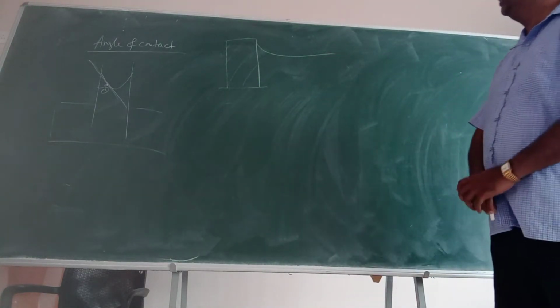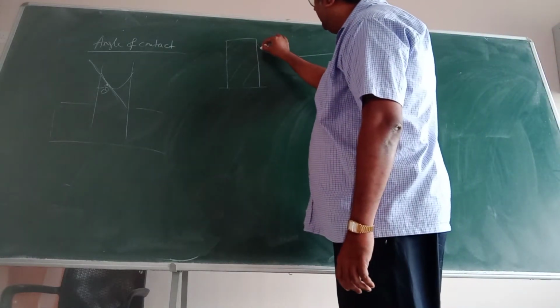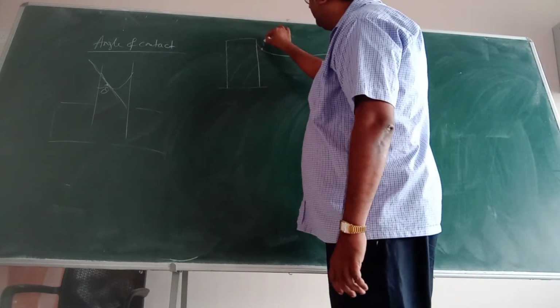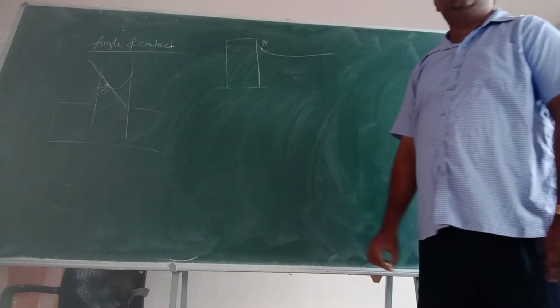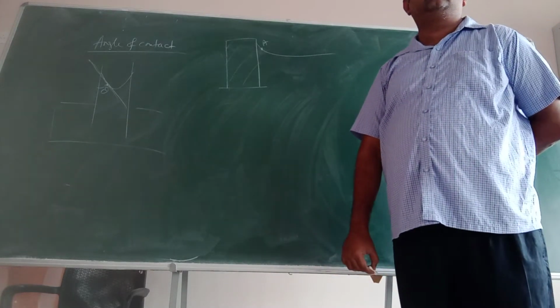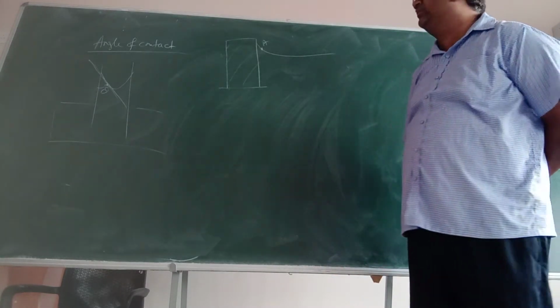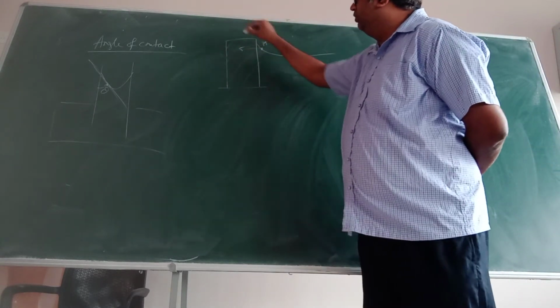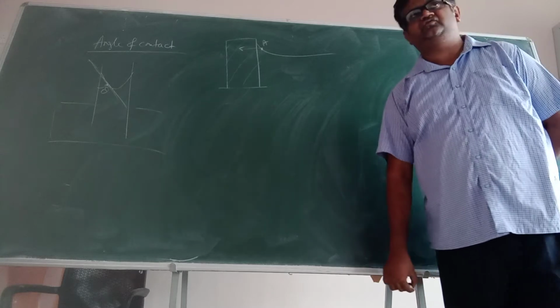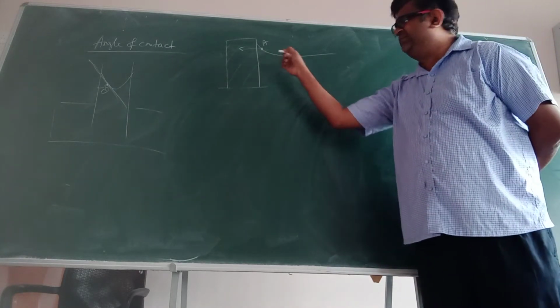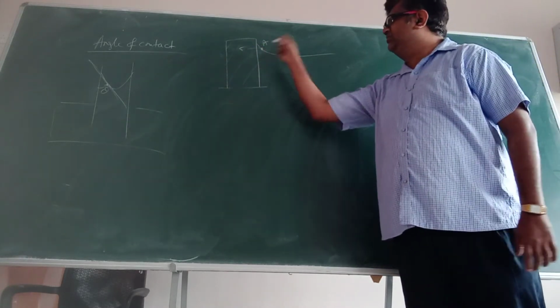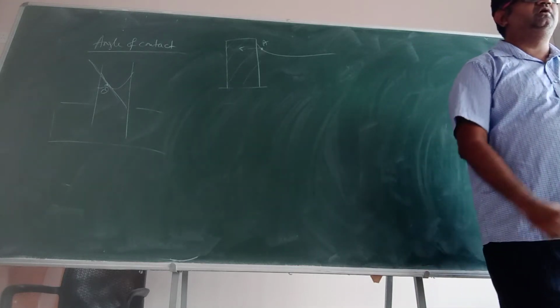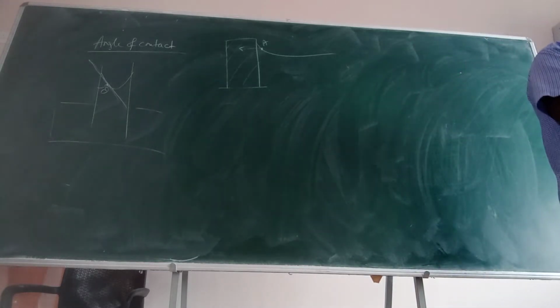Now, if you take a molecule here, some particular molecule here, what are the forces we need to see here? In this direction, it is pulled by the adhesive forces. This is a solid, this is a liquid, there is a molecule here, there is a molecule here, there is a force of attraction, and that attraction is between two different molecules.